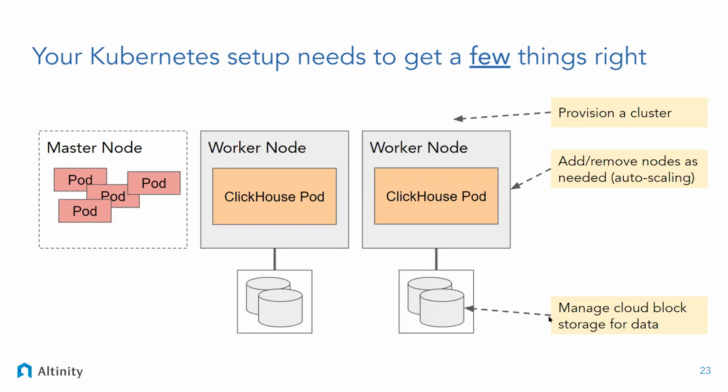The final thing is you'll want to be able to manage block storage. You can actually run clusters on anything you want. So you can use NVMe SSD, local, in other words, sort of local SSD. That works perfectly well.